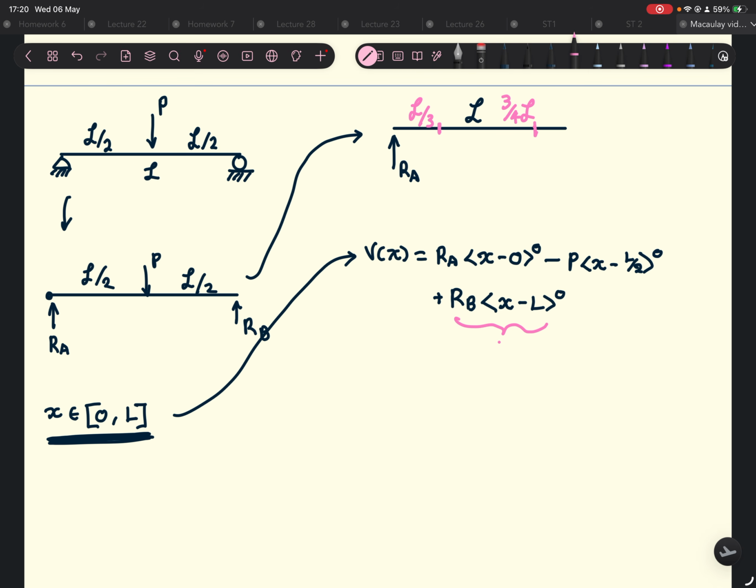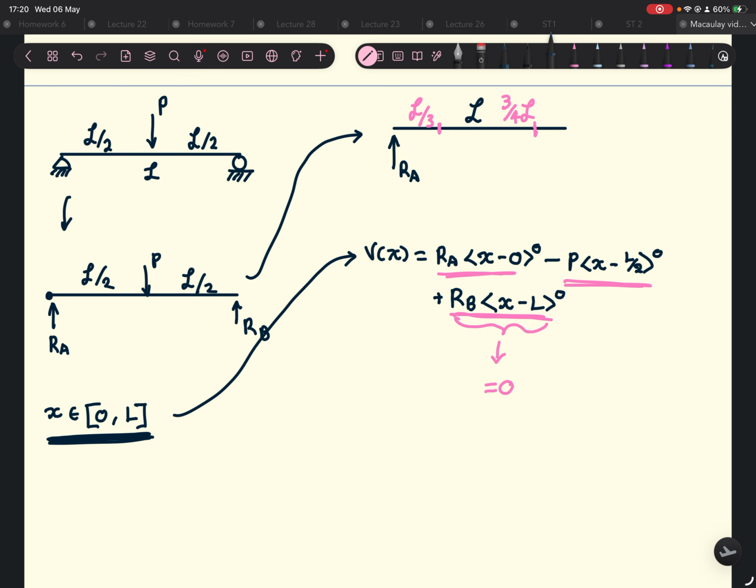So this thing over here is equal to 0, which makes sense. We expect our shear force at x equal to L to be 0. So that means that this thing minus that thing must be 0 when x is equal to L. Okay, I hope that kind of makes sense. So this RB thingy is 0.